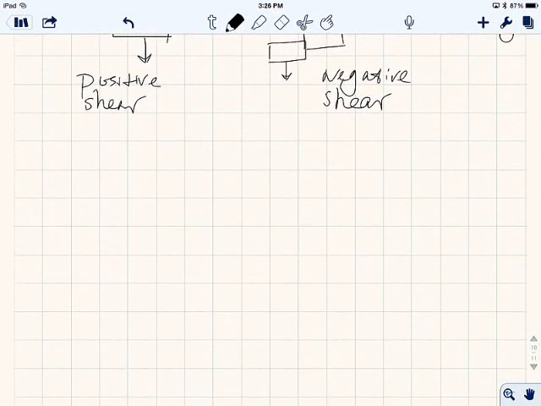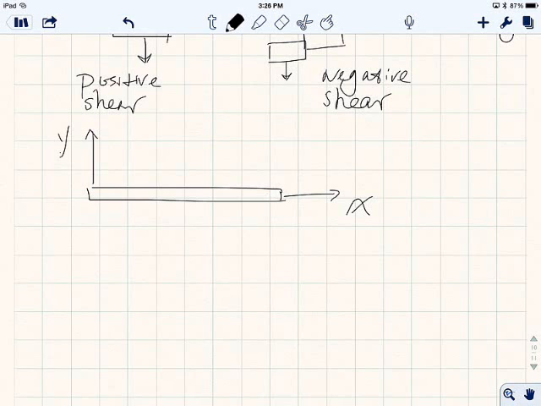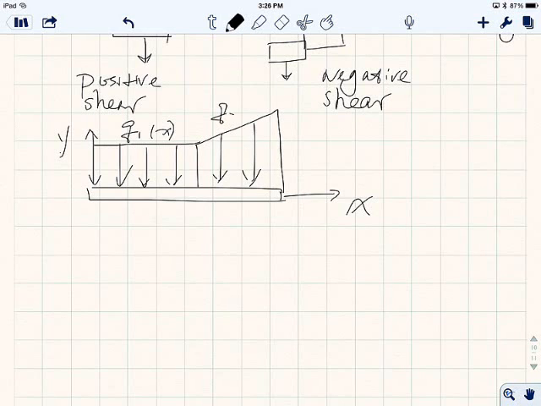I believe in mechanics of materials you learned this. If you have a beam, XY, and you have certain distributed loads, you have Q1(x), you have Q2(x). All right, Q is a distributed load, right? How many newtons per meter, right?